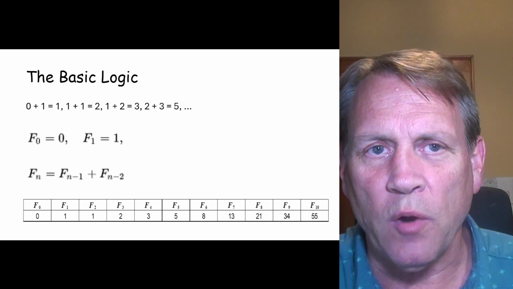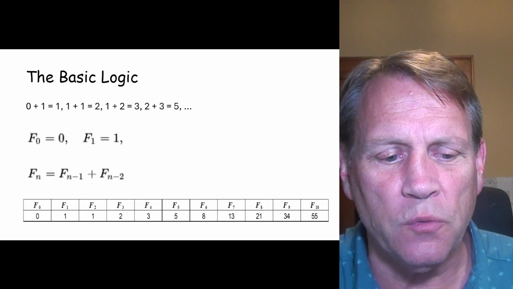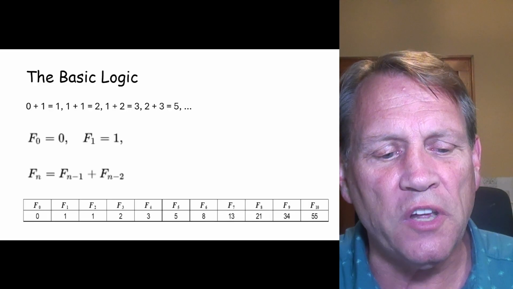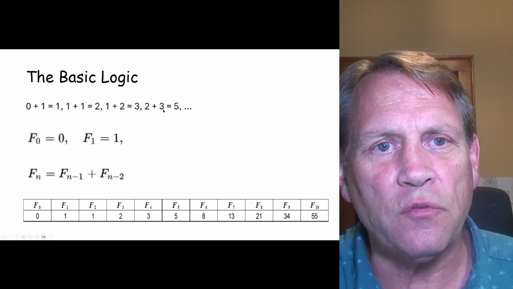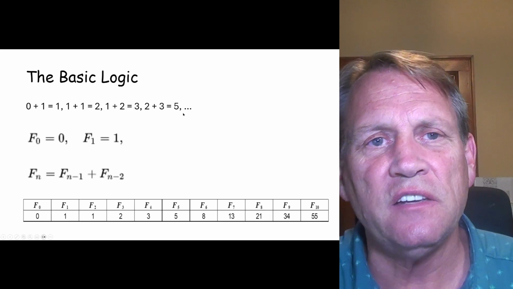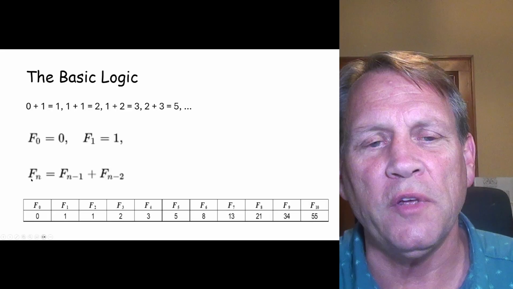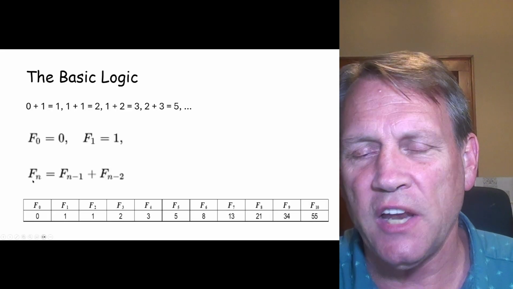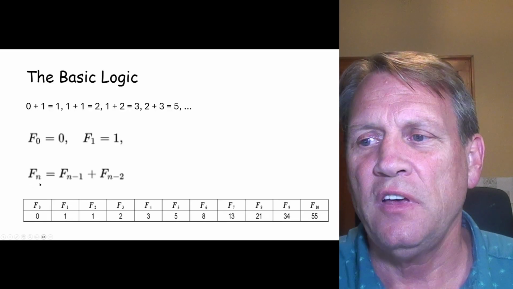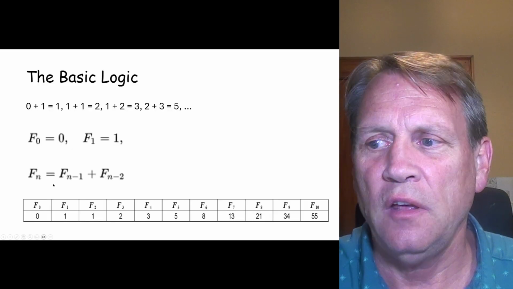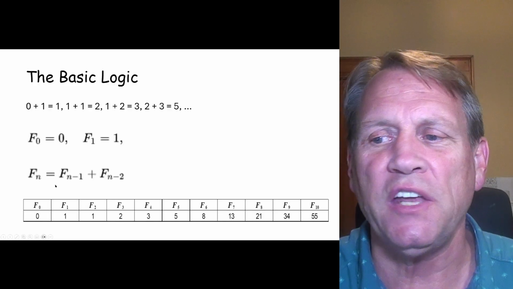And then if you add 1 plus 1, you get 2. 1 plus 2 equals 3. 2 plus 3 equals 5, right? 3 plus 5 equals 8, and so on. And so there's a more formal formula that's involved there, right? That is, for any F sub n, that's equal to F sub n minus 1 plus, that is the sum of, F sub n minus 2.